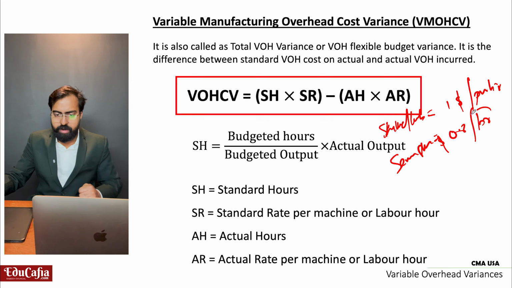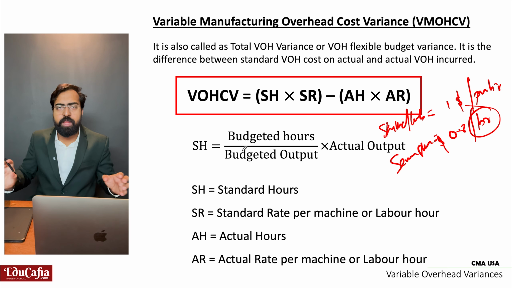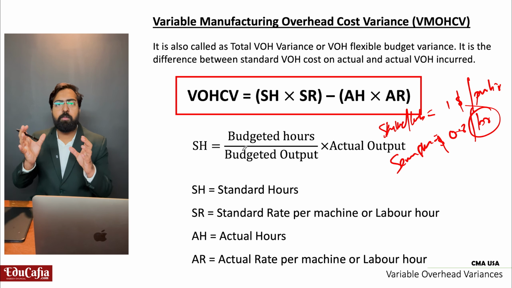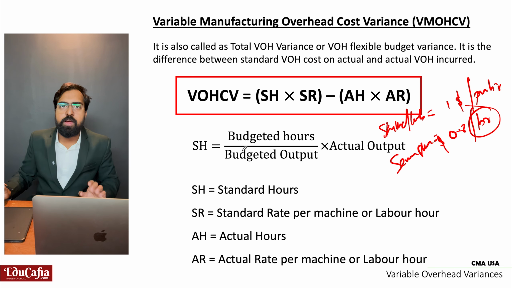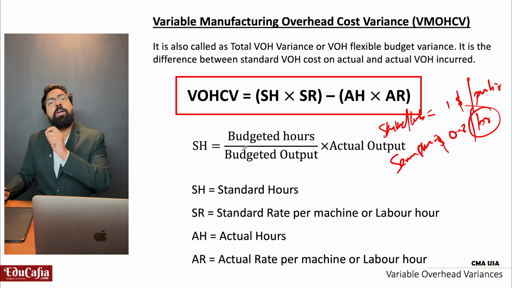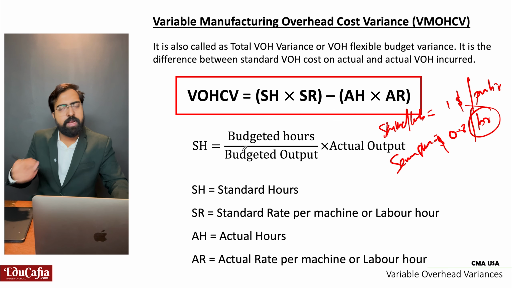It is already given per hour. But in manufacturing overhead, it is not given per hour. You will get a total amount, the total overhead cost of that month or of that year. So you have to convert that total to per hour. That is the only difference.